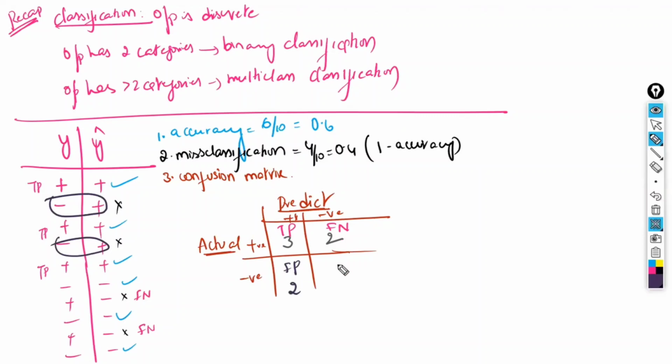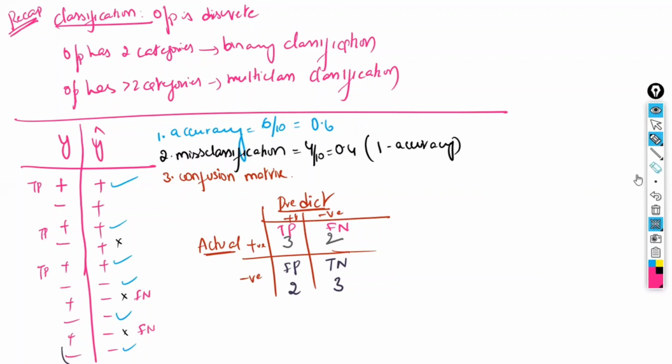Next one is true negatives. True negatives are where actual should be negative and predicted also should be negative. That is 1, 2 and 3. This is the confusion matrix for the given data set, and these are the values of TP, TN, FP and FN.